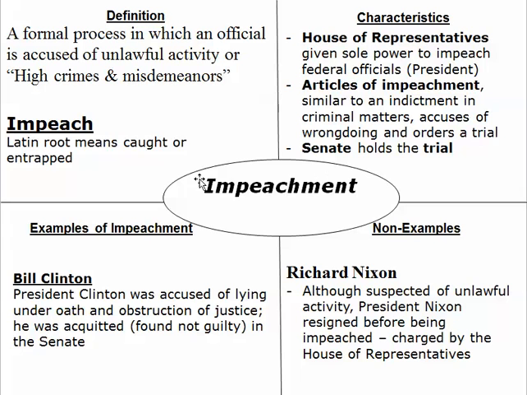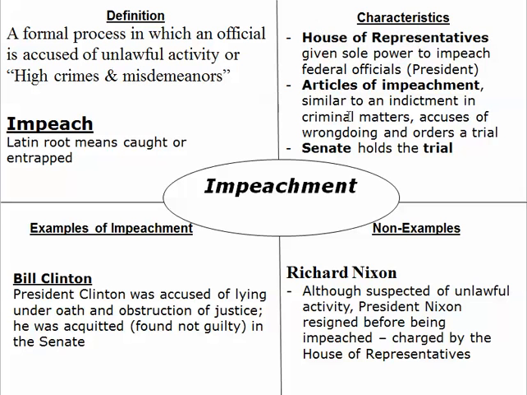It is a way to remove a president who was violating high crimes and misdemeanors, doing something unlawful. This is a way that Congress could get rid of the president if he was doing something that violated the Constitution, to keep him from becoming a tyrant like King George III or someone else. Impeach comes from a Latin root word that means caught or trapped.